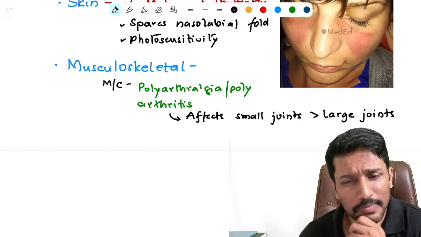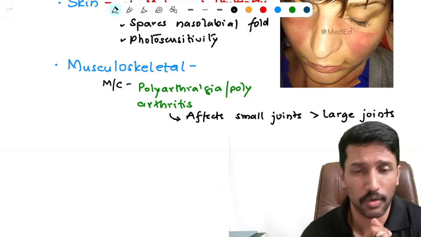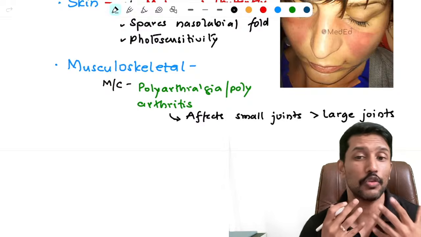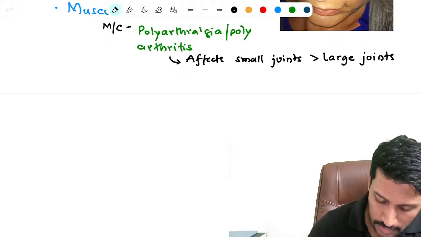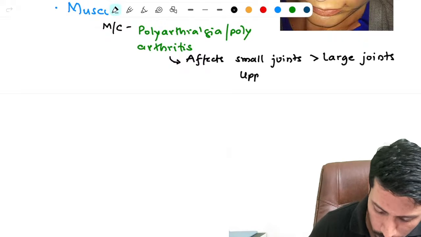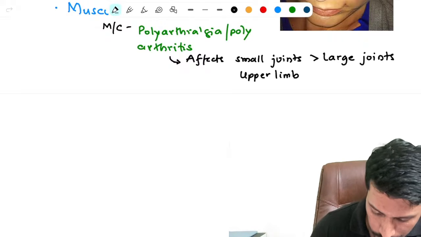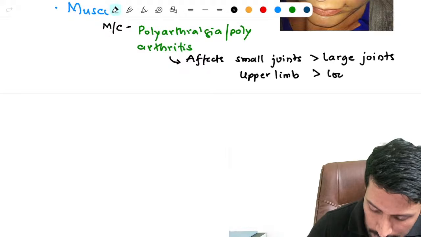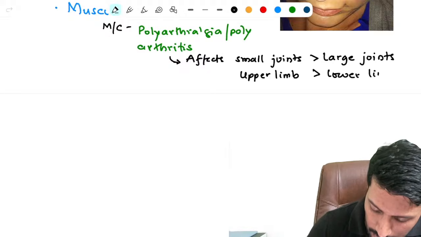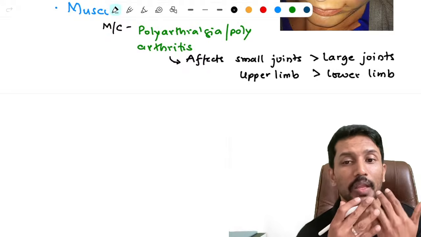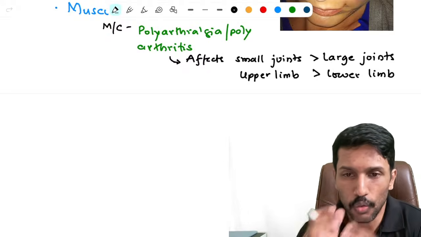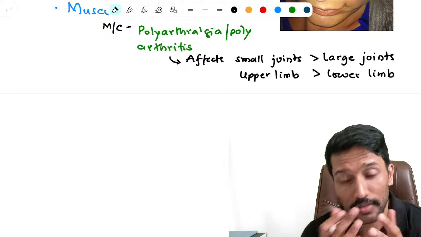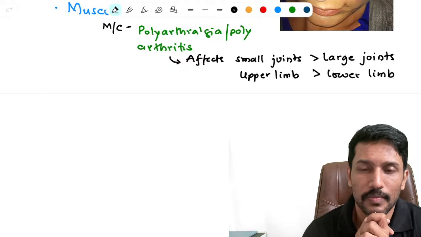Rheumatoid arthritis is also the same. In terms of limb involvement, this affects the upper limb more than the lower limb. So in other words, SLE arthritis targets the upper limb small joints more than lower limb small joints. Rheumatoid arthritis is also the same.